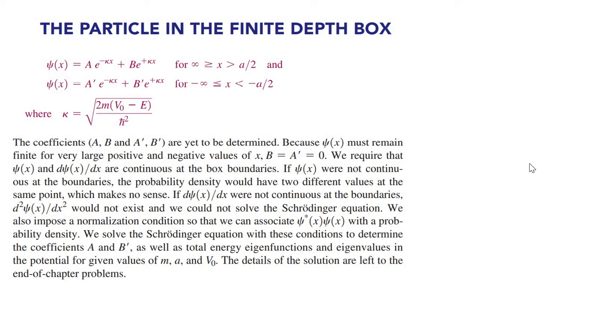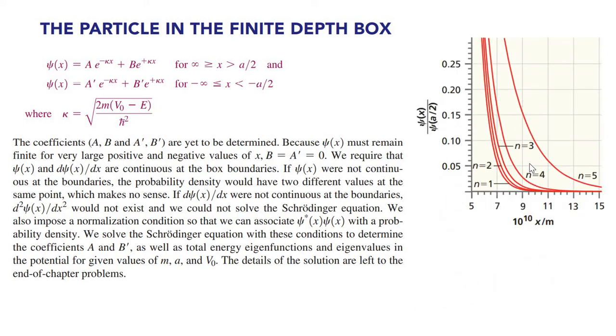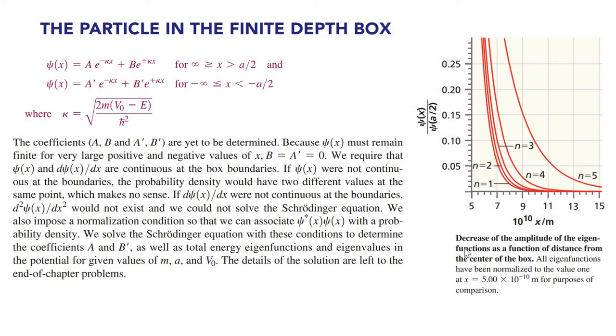So let us see what next. If you plot these wave functions against the distance of the particle from the box, the caption goes like this: a decrease of amplitude of the eigenfunctions as a function of distance from the center of the box.